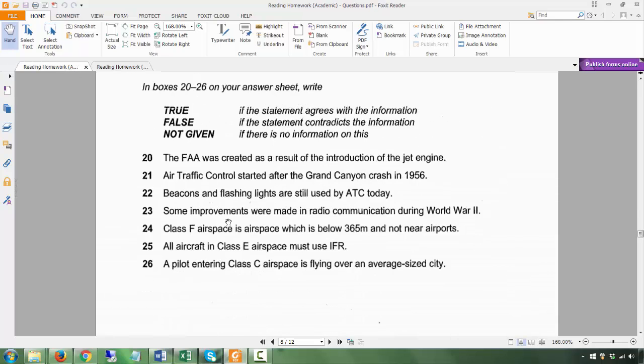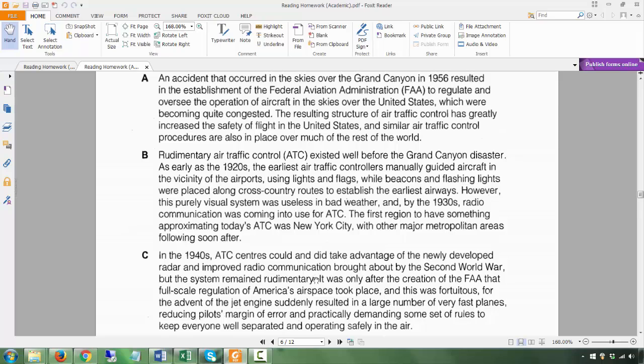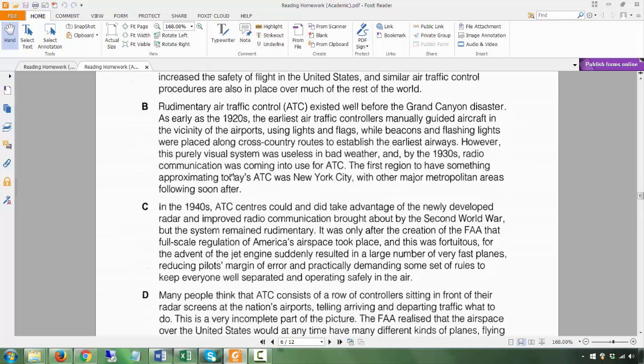Next question. Some improvements were made in radio communication during World War II. Let's talk about World War II. In the 1940s, ATC did take advantage of the newly developed radar and improved radio communication brought about by the Second World War.